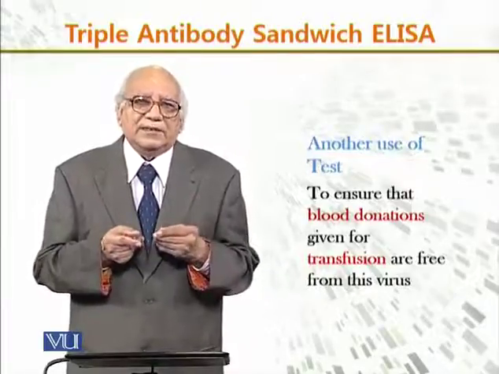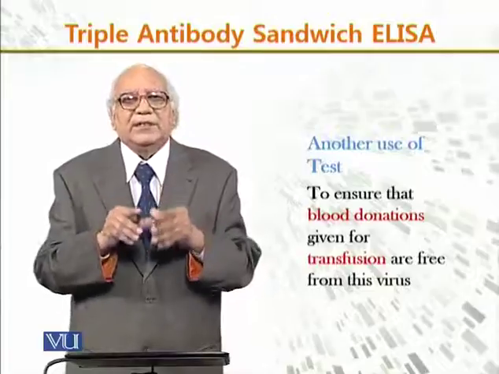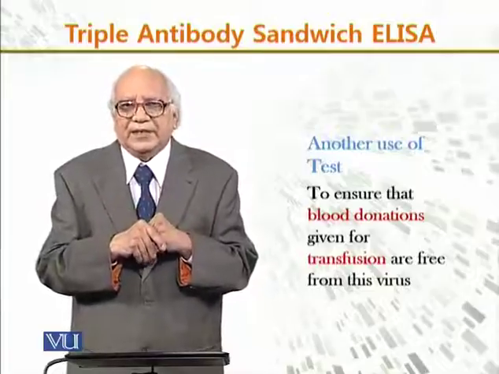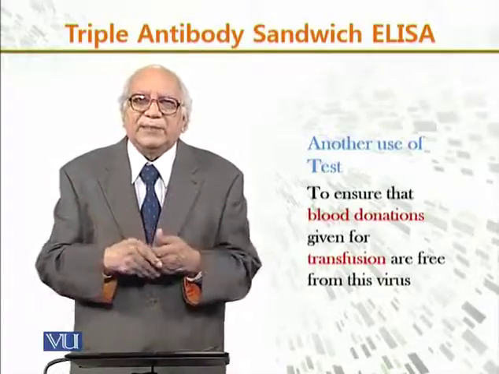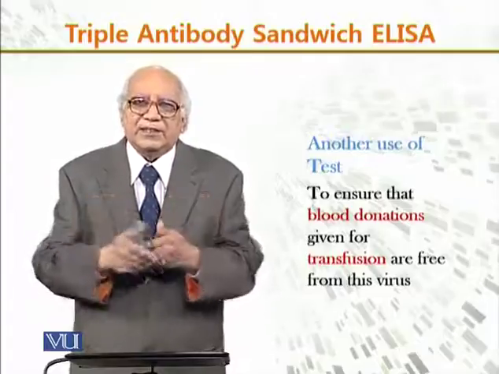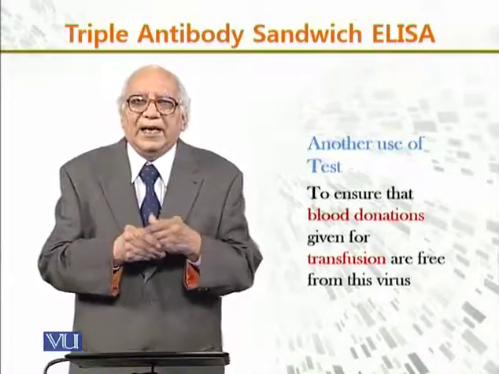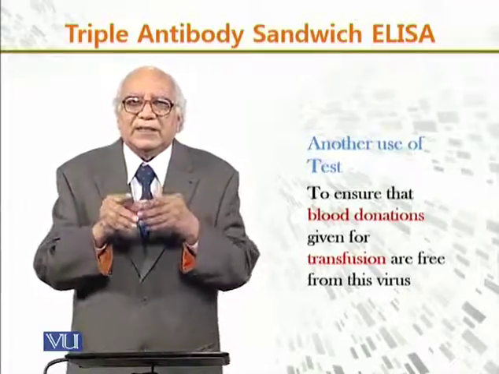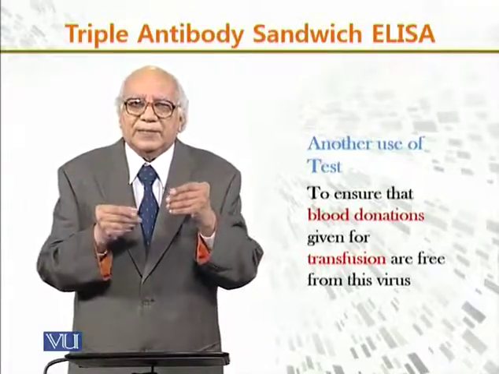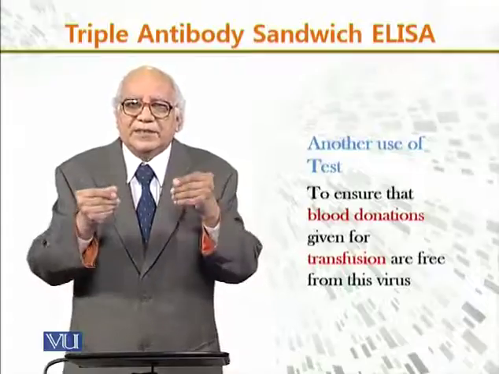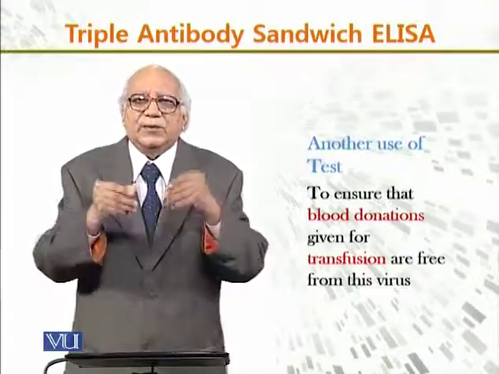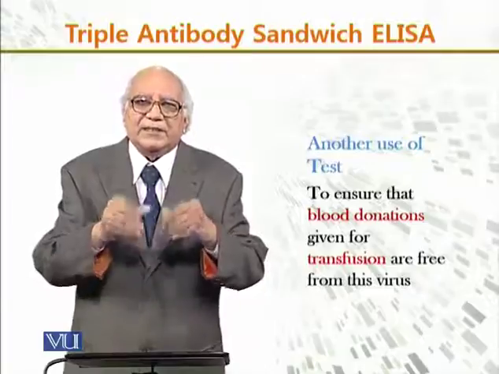And for that blood, the same procedure is carried out. That is, as we have described earlier, the blood serum is taken, centrifuged, incubated, and can be used for the test. The HBV proteins are added to the microtiter plates of ELISA.